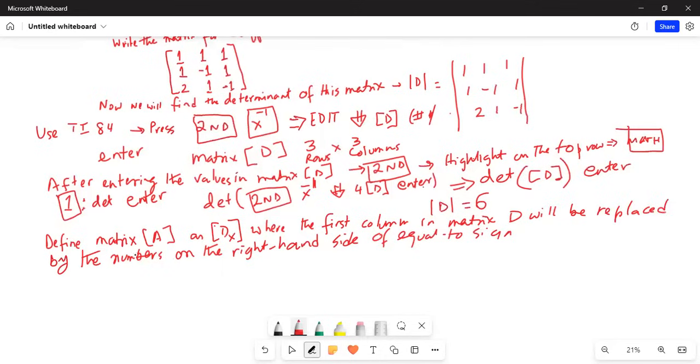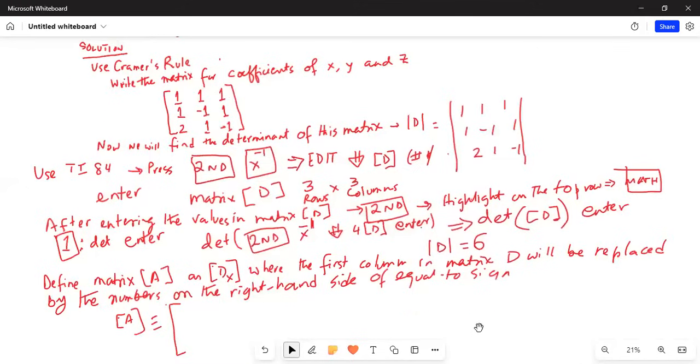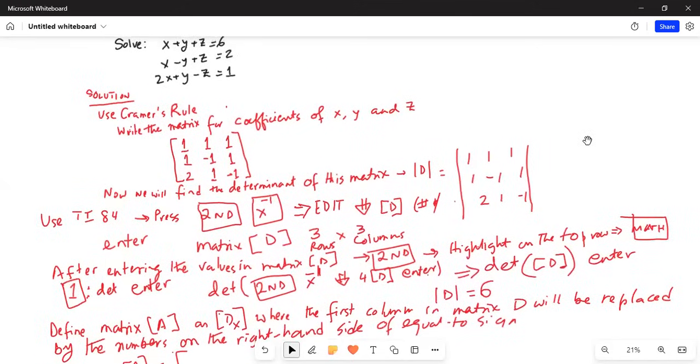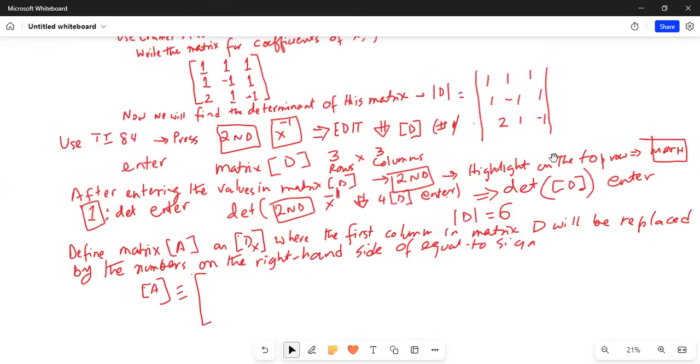Okay. So matrix A becomes, so we are going to replace the first column by the numbers on the right hand side of the equal to sign. If I remember, the numbers on the right hand side of the equations are 6, 2, and 1.